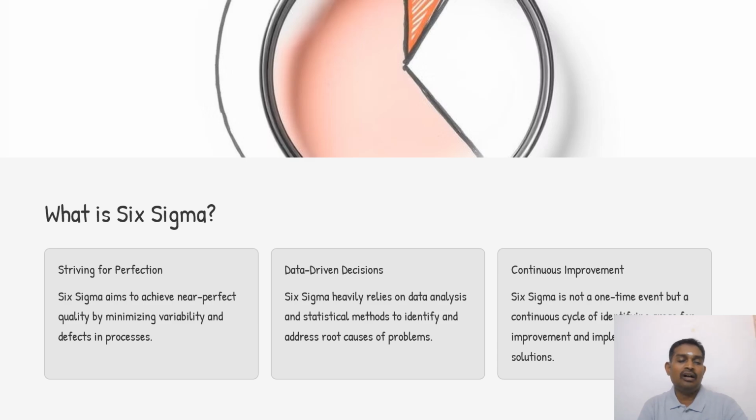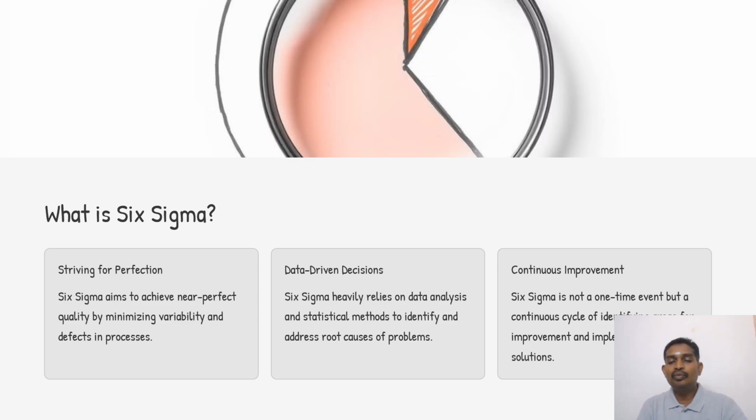What is Six Sigma? Striving for perfection. Six Sigma aims to achieve near-perfect quality by minimizing variability and defects in processes. Data-driven decisions: Six Sigma heavily relies on data analysis and statistical methods to identify and address the root cause of a problem.